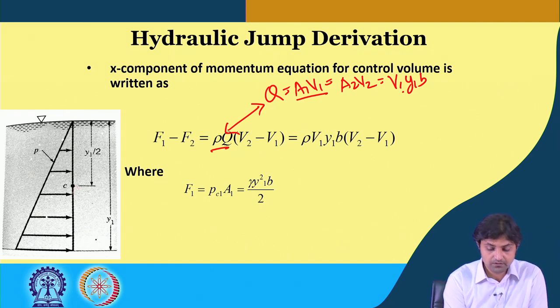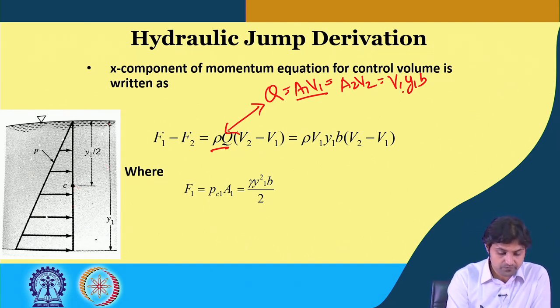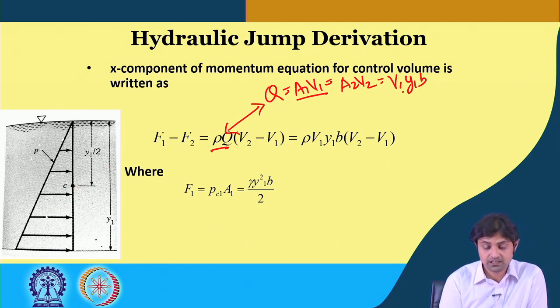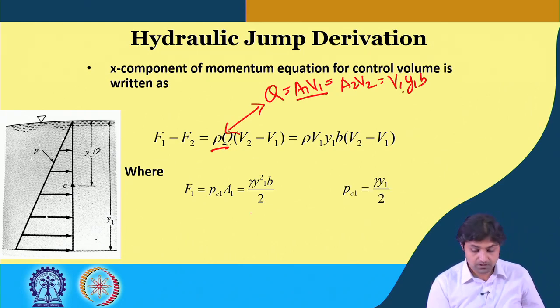You see here, half base into height. So, F1 will be gamma Y1 square B by 2, because the pressure at C1 is gamma Y1 by 2.